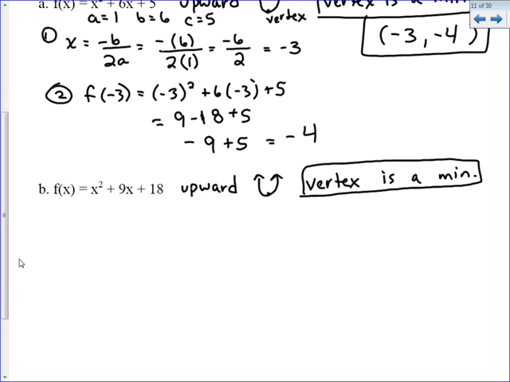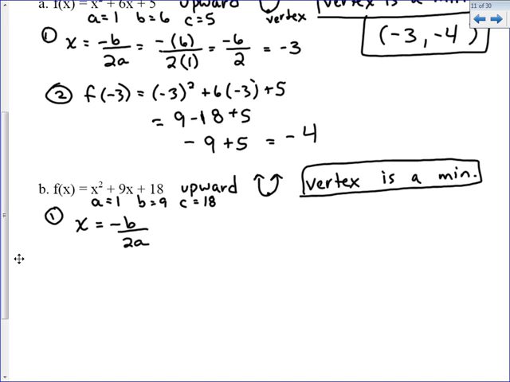And then the next thing we want to do is we actually want to find that point. So to find that point, there's two parts. First, x has a formula. x equals negative b over 2a. So if we get our a, b, c, a is 1, b is 9, and c is 18.